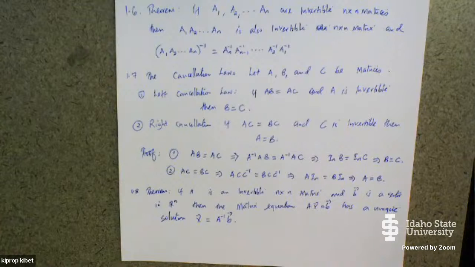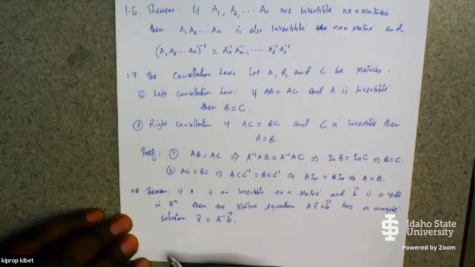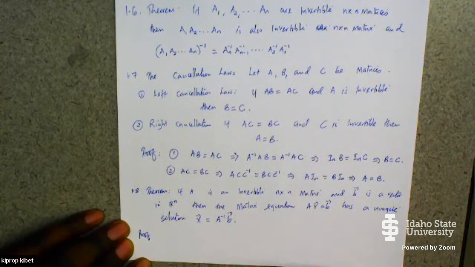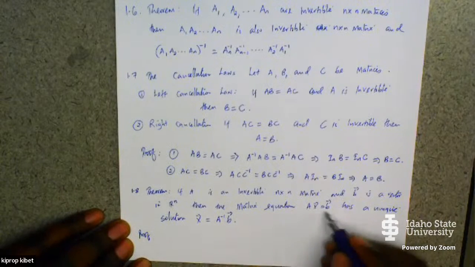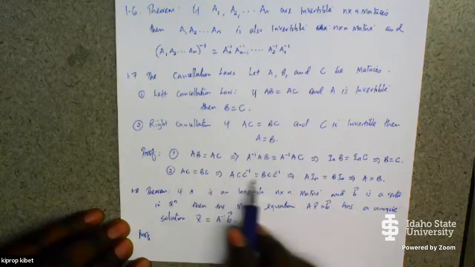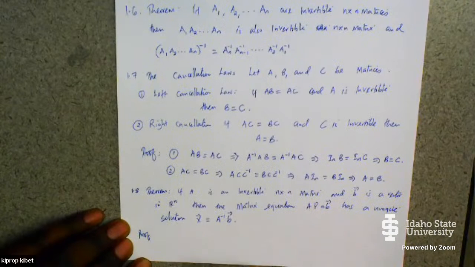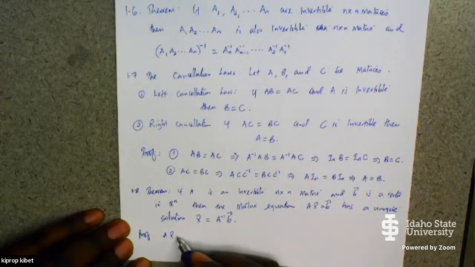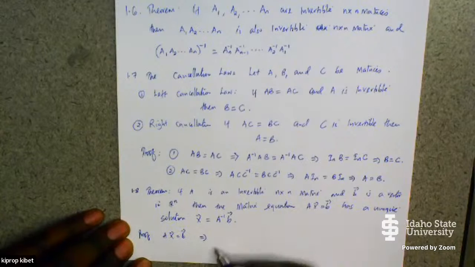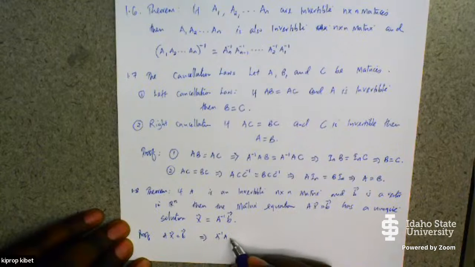To prove this, you can look at the proof from the textbook, but if A is an invertible n by n matrix, then using the left cancellation there, if we have AX equals B, you multiply by the inverse from the left, A inverse AX equals A inverse B, you do it on both sides.